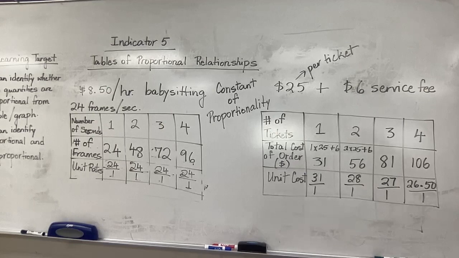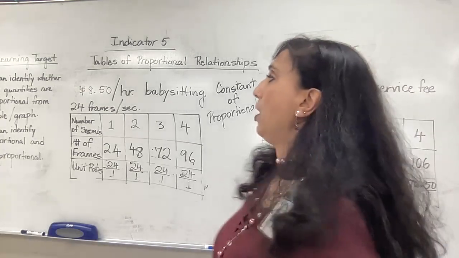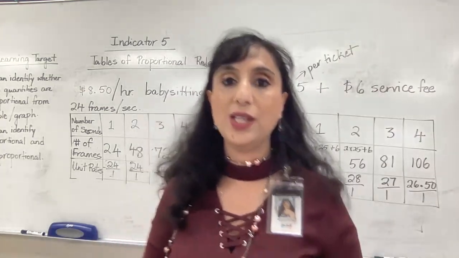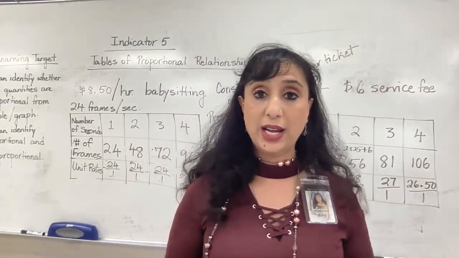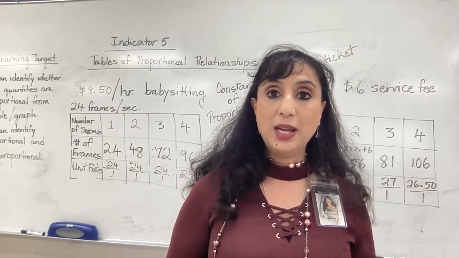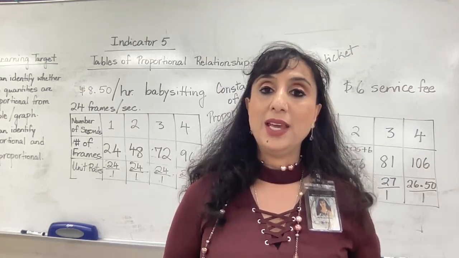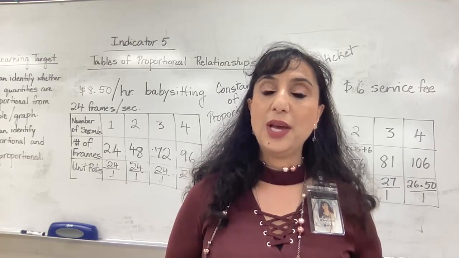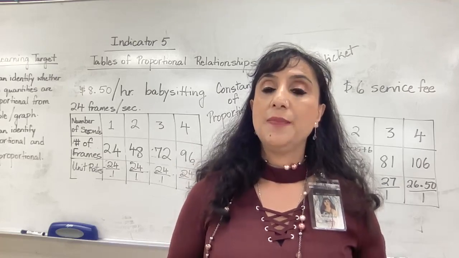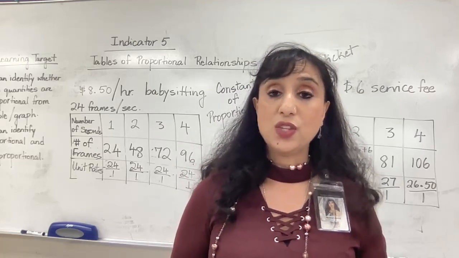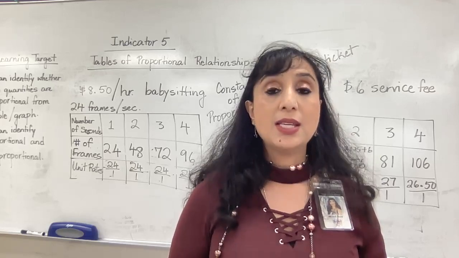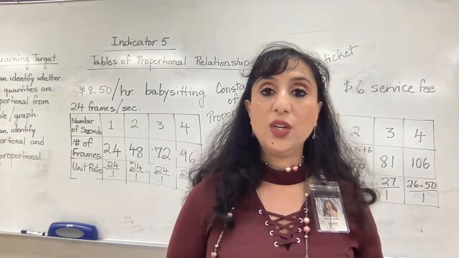Okay, so once again, this lesson is all about organizing your data in tables, because it makes it very visual. And then after that, you check whether all of the data has the same simplest form or unit rate.